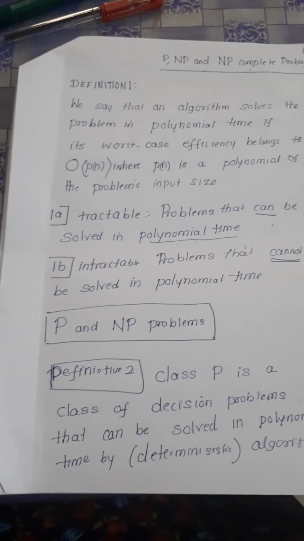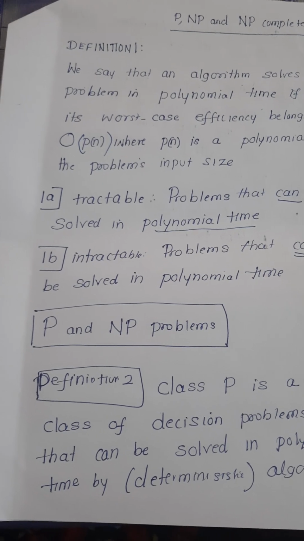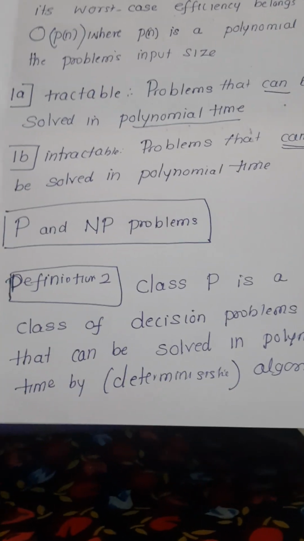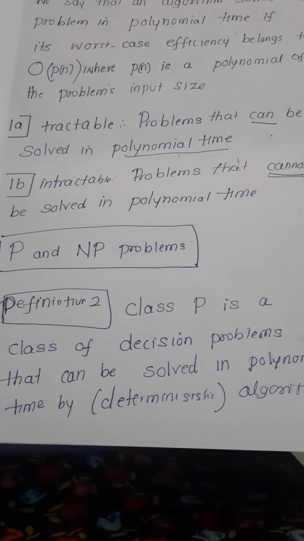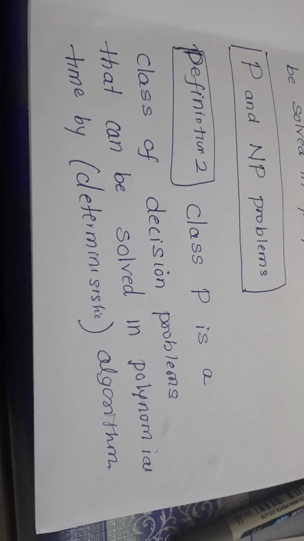So we have two broad categories called P and NP problems. What do you mean by P problems? That is the definition given here. Class P is a class of decision problems that can be solved in polynomial time by a deterministic algorithm. That is very important.